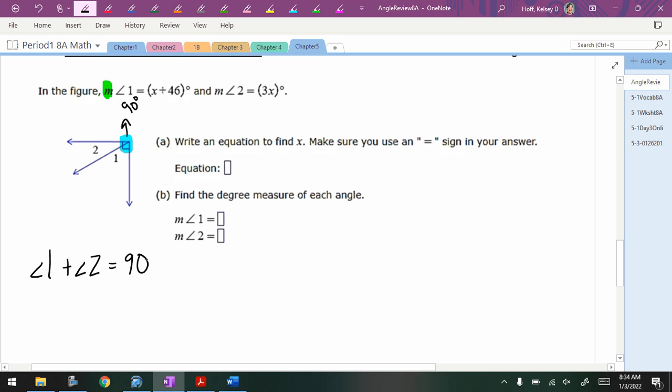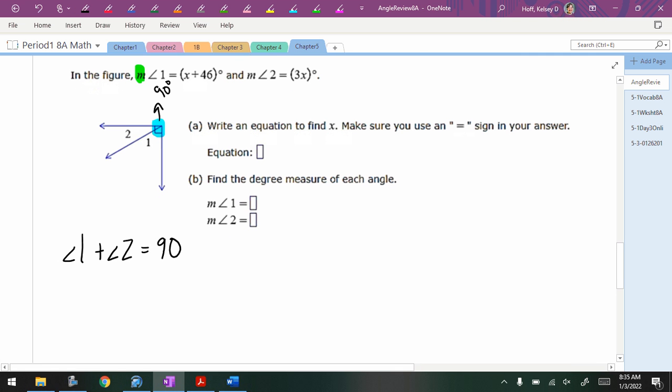What did they tell us angle 1 was? X plus 46. So we need to replace angle 1 with x plus 46.